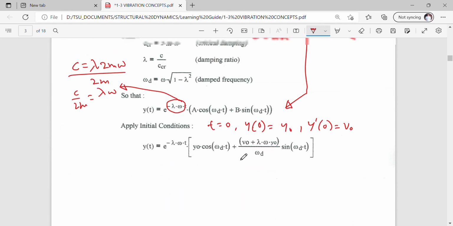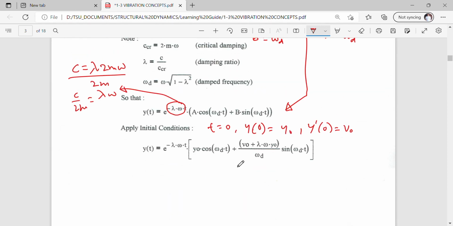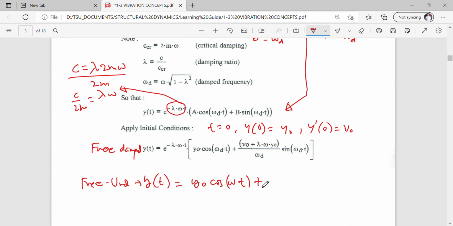Okay, so I just like to compare the solution for this, which is the free damped, and this is the free undamped. Okay, so y(t) is equal to y0 cosine omega t plus, okay, so let's check it.